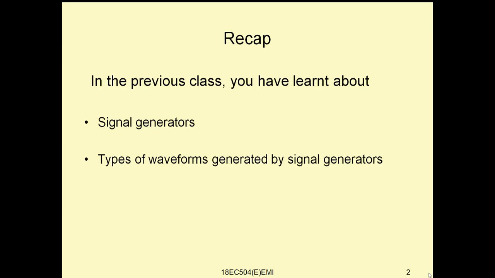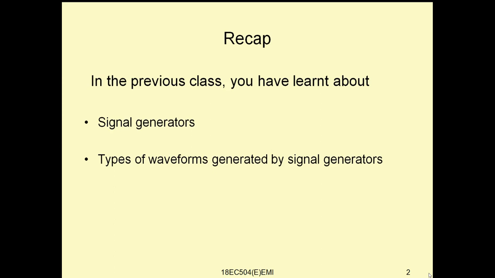The AFO generates the sine wave and square wave, whereas the function generator generates the sine wave, square wave, triangular wave and sawtooth waveform, and the RF signal generator generates the sine wave of different frequencies ranging from a few kilohertz to several megahertz.